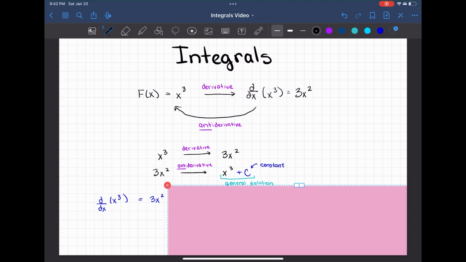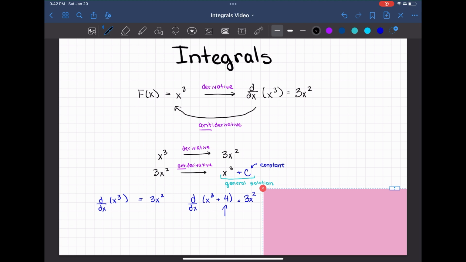Okay, but what about the derivative of x cubed plus 4? Well, of course, we know that when we take the derivative of a constant, that just drops. So again, that's 3x squared. What about the derivative of x cubed plus 17?